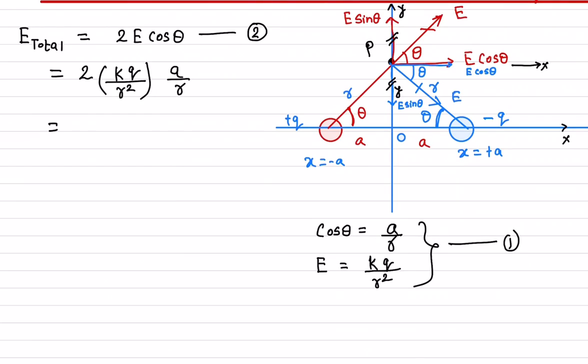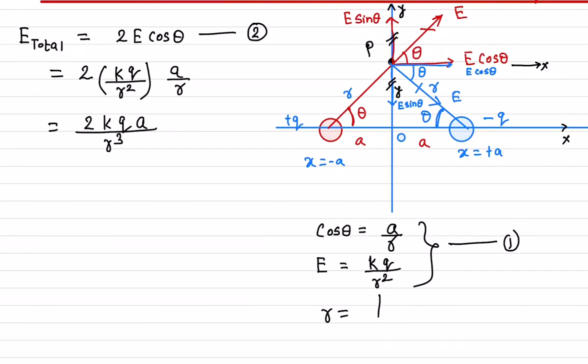That's the total electric field. Now let's further simplify this one: 2kqa over r squared times r, which is equal to r cubed.